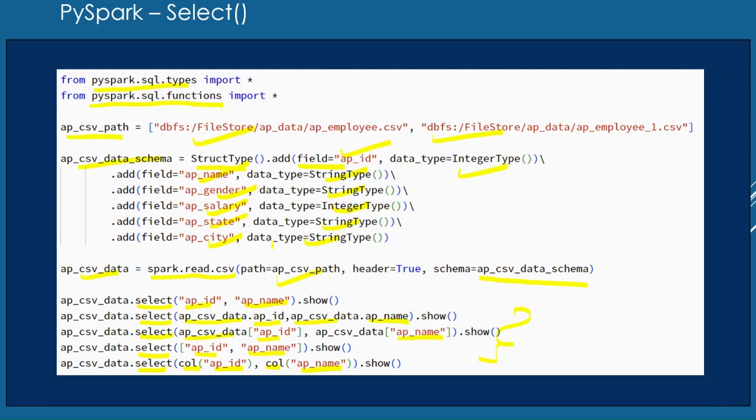So these are the ways through which we can select a column, which we will see in detail in this exercise. The code up to here, where we are just creating a data frame by reading a CSV file, we have done multiple times in previous videos. So I will copy this code from one of the previous exercises, and after that we will see how the select function works in Databricks.